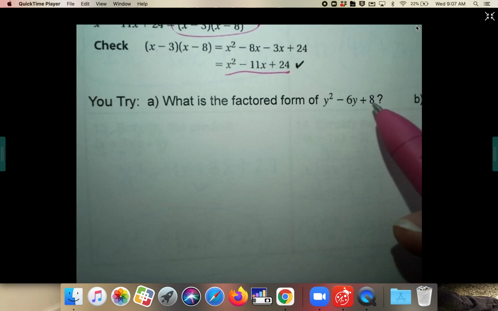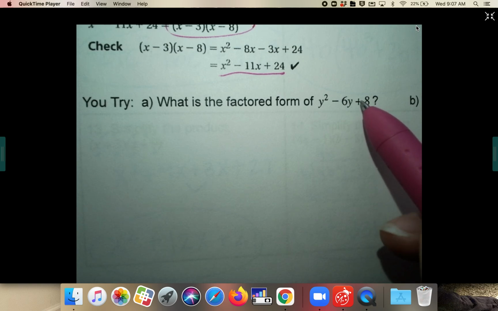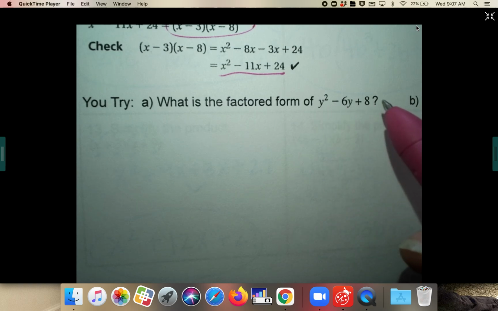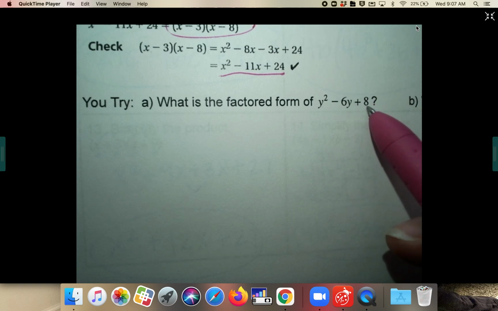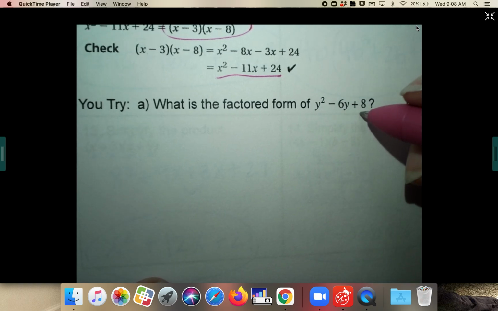So again, we need it to multiply to be a positive 8. So if you're multiplying to be positive, but you're adding to be a negative, then they're both going to need to be negative terms. So there can be a negative times a negative to make this positive 8, and a negative plus a negative to be a negative 6. So the factors of 8 are 1 and 8, 2 and 4.